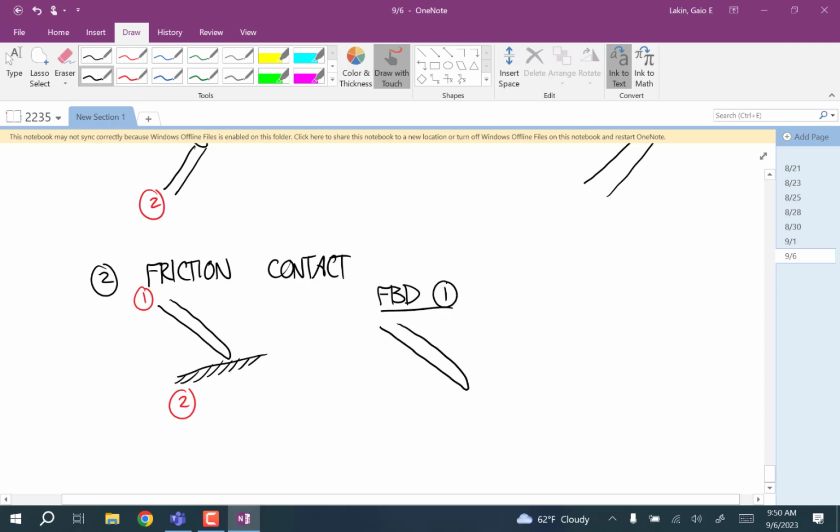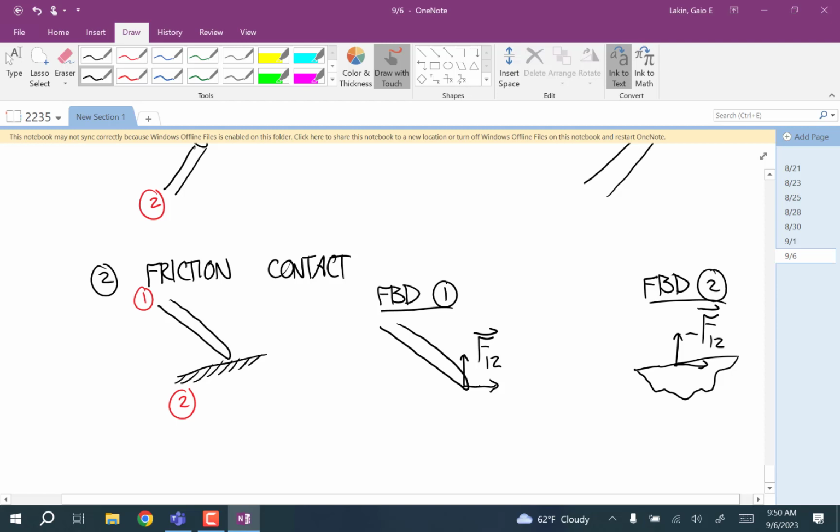So for body 1, you'd have this force F on 1 by 2. And for body 2, you'd have a force negative F12 again.